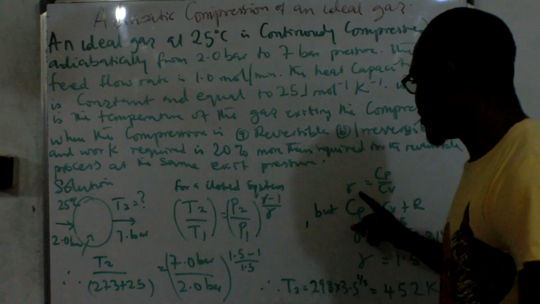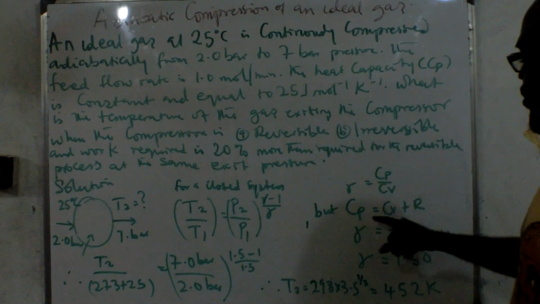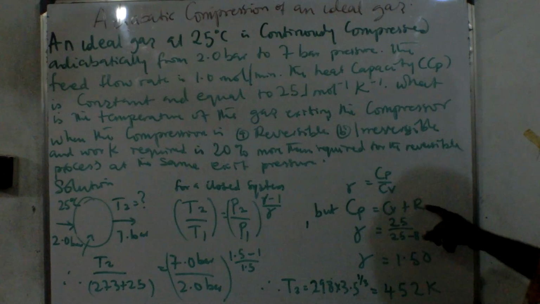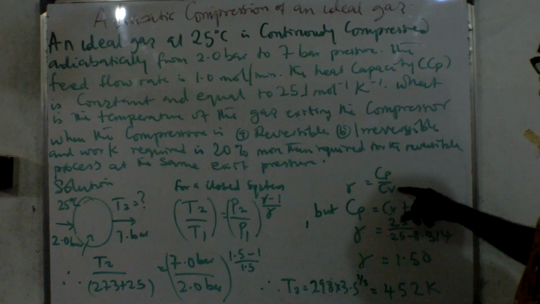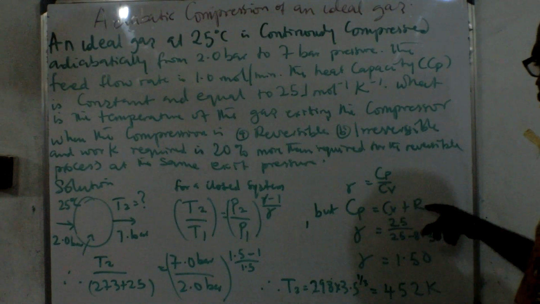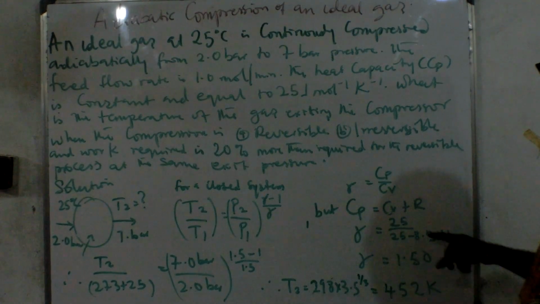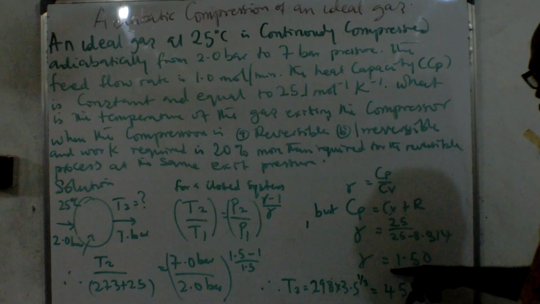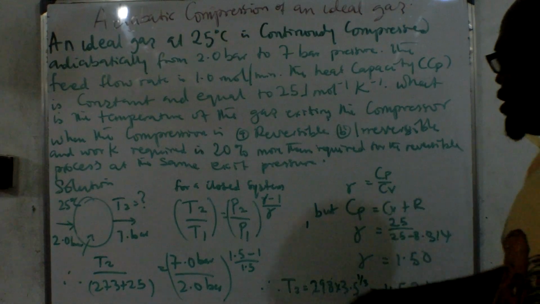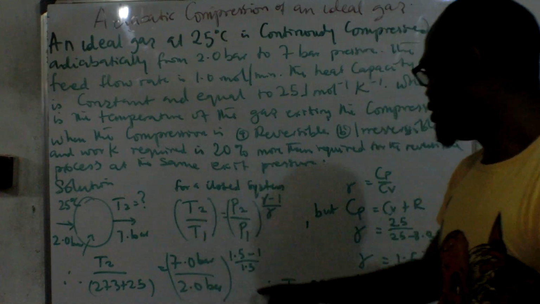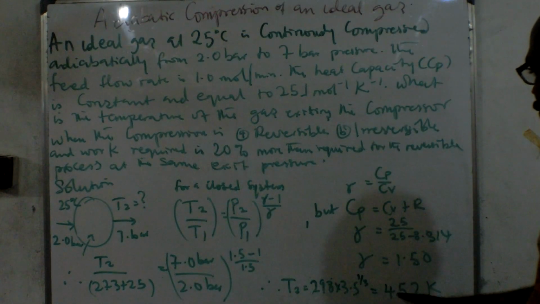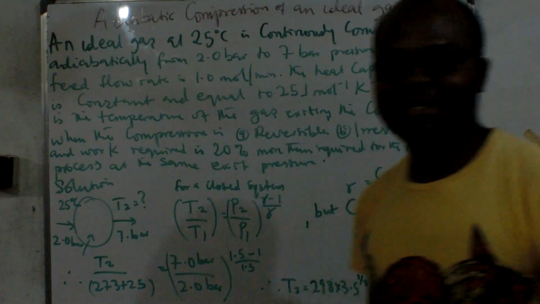And this gamma is actually equal to Cp over Cv. But we know that Cp is equal to Cv plus R. So, Cv, which you are not given, which you need here, is equal to Cp minus R. Cp you already know. Solve this down, you get 1.50. Then substitute into this equation, so that you get your T2 to be 452 Kelvin. And that is how you solve it.